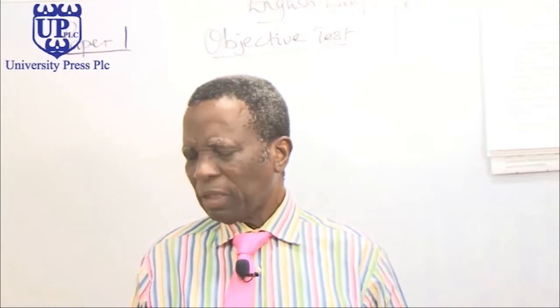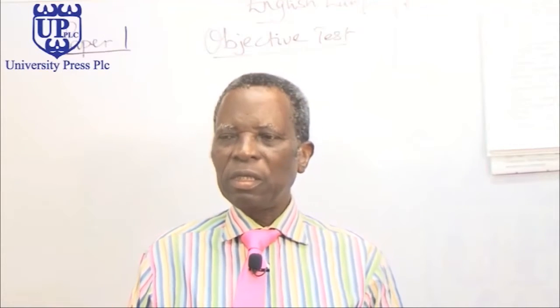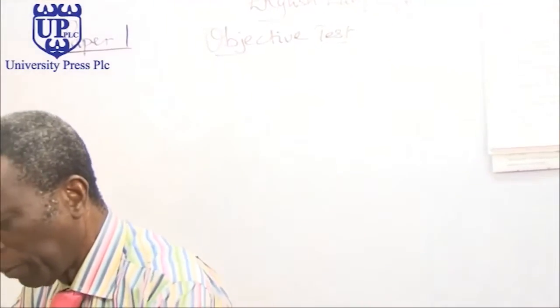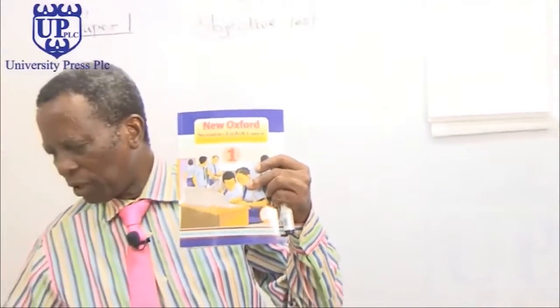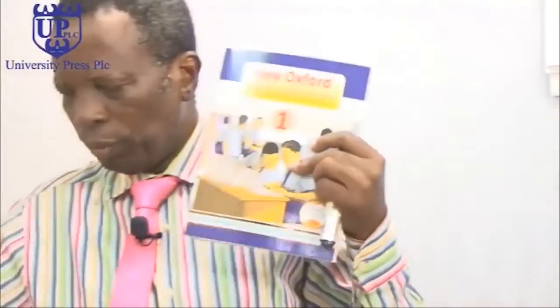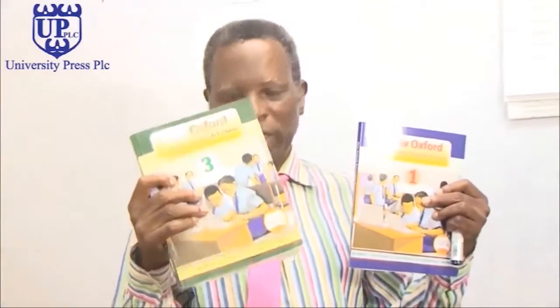All these elements of grammar, structure and tenses have been discussed in the New Oxford Secondary English Course for Senior Secondary Schools Book 1, Book 2, then we have Book 3 too, and Book 3 is actually the heaviest one, which is very well loaded, as we have been told before.